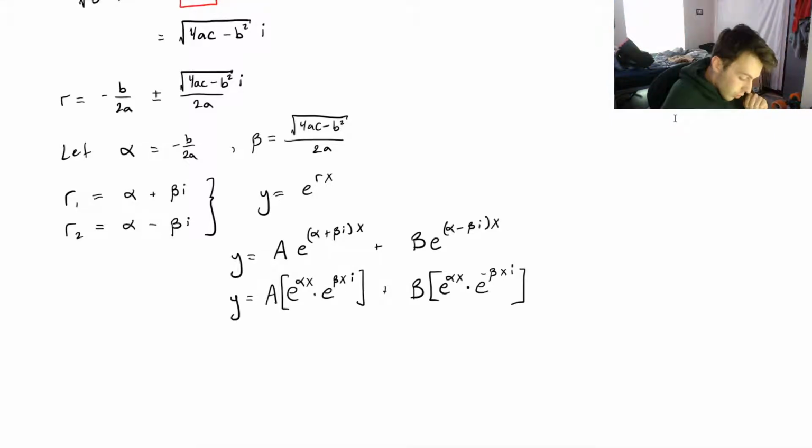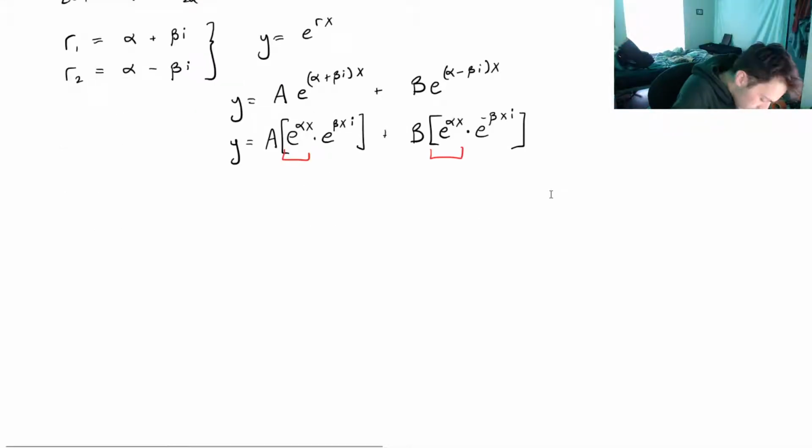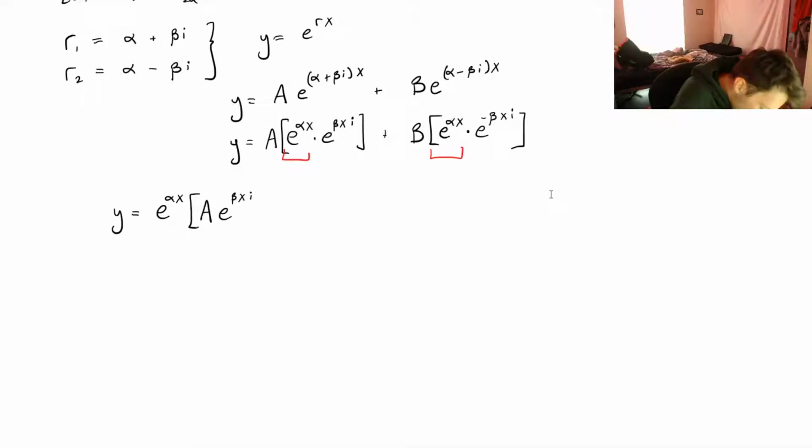So you'll notice that we can factor out an e to the alpha x. So let's go ahead and factor that out. So this will be y is equal to e to the alpha x times a e to the beta x i plus b times e to the minus beta x i.